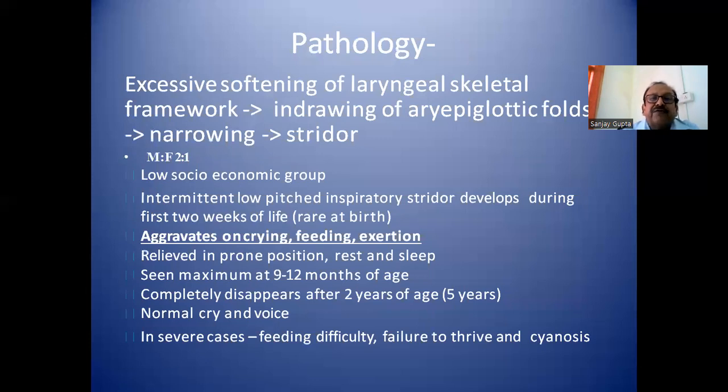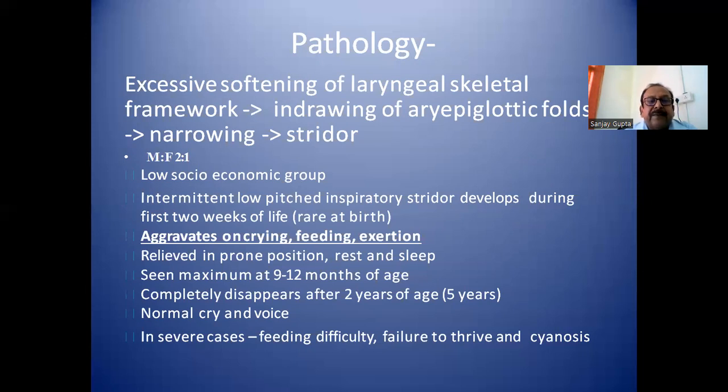Pathology is excessive softening of the laryngeal skeletal framework, indrawing of aryepiglottic folds, causing narrowing and stridor. Male-female ratio is 2:1. This is because of low socioeconomic group. Intermittent low-pitch inspiratory stridor develops during the first 2 weeks of life. It aggravates on crying, feeding, exertion, and the stridor is relieved in prone position, rest, and sleep.